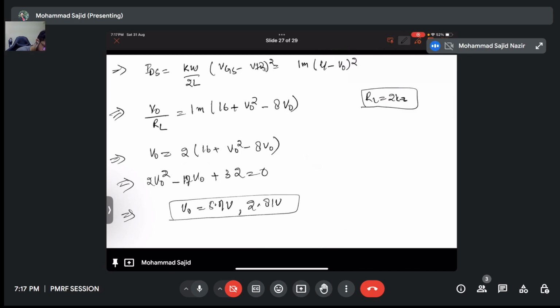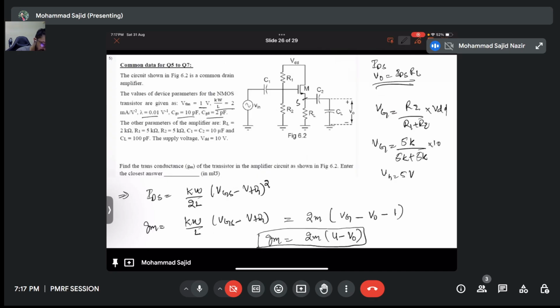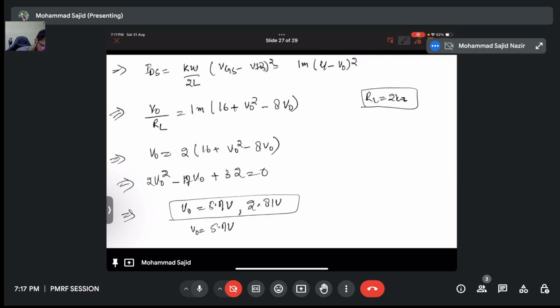If I choose V naught equivalent to 5.7 volt, your VG is 5 volt. This implies VGS will be 5 minus 5.7, that is negative. This is off, so this is not possible. Therefore, V naught is equivalent to 2.81 volt.